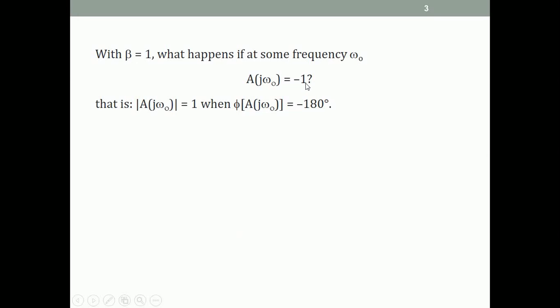In amplifiers we don't want to see an output if we have not applied an input. We want the output to be some multiplier of the input. We don't want any output if there is no input. That is why this is unstable.